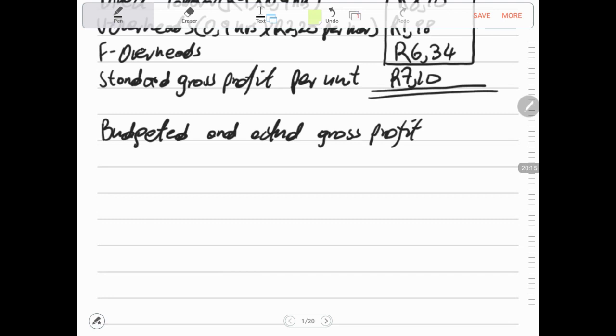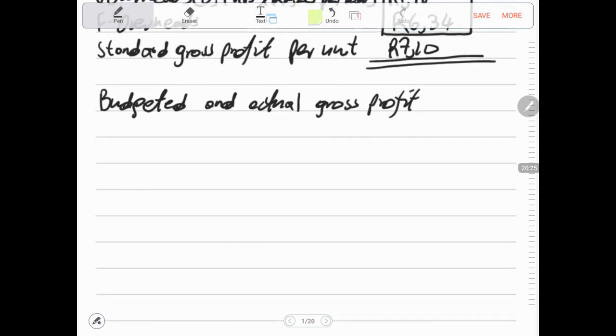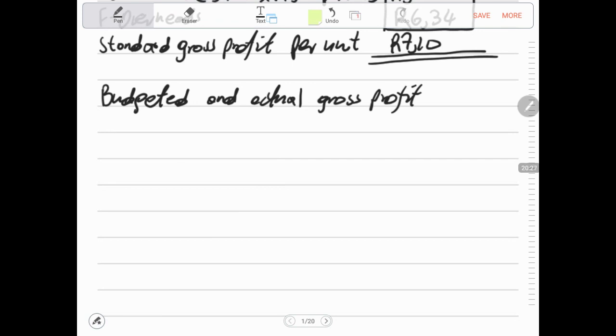Or budgeted and actual income statement, if you want to say so, because I'm compiling an income statement here, calculating gross profit from the income statement. Then now we start by saying budgeted and actual. It doesn't matter which income statement you start with. I prefer to start with the budgeted because in costing we budget before the actual production.